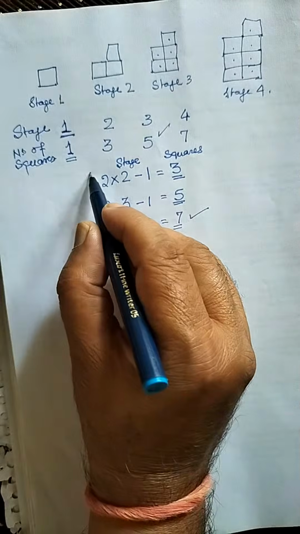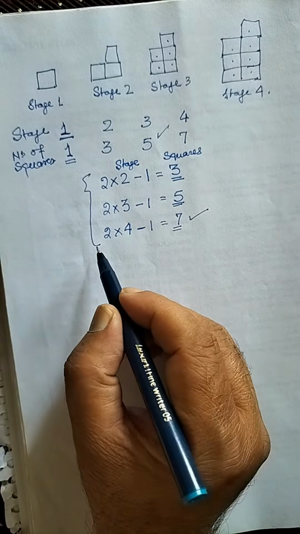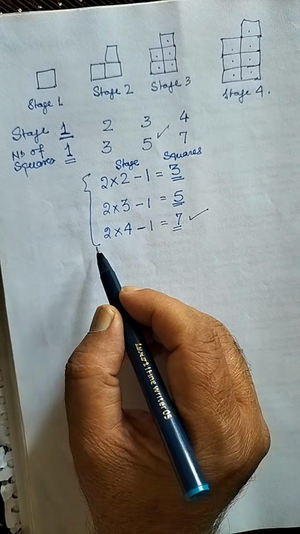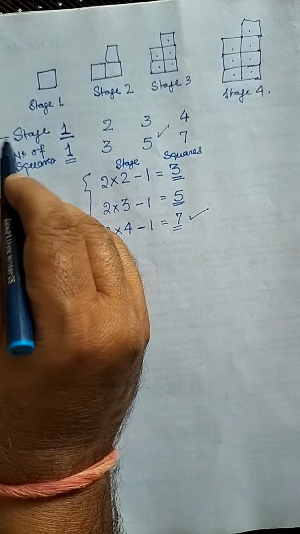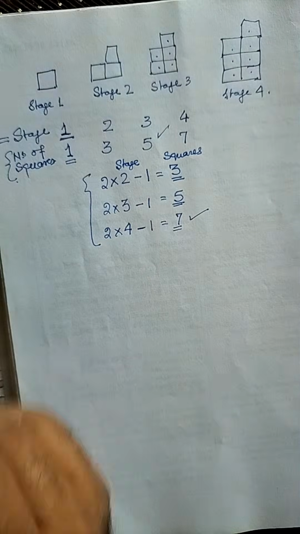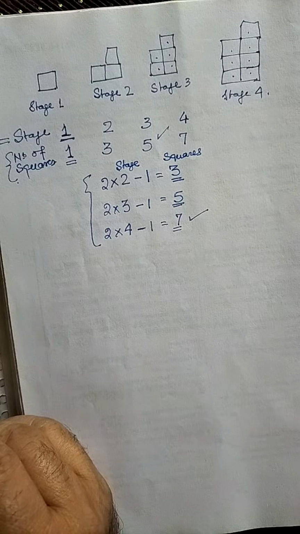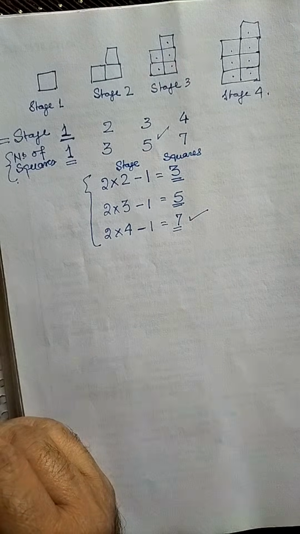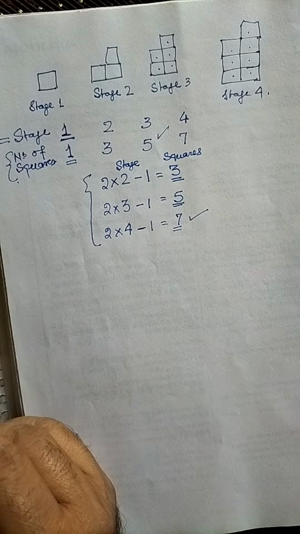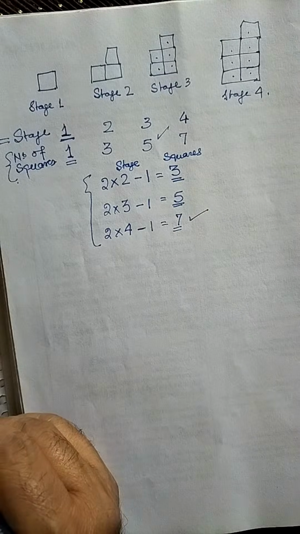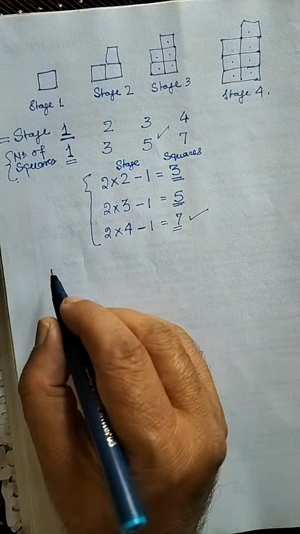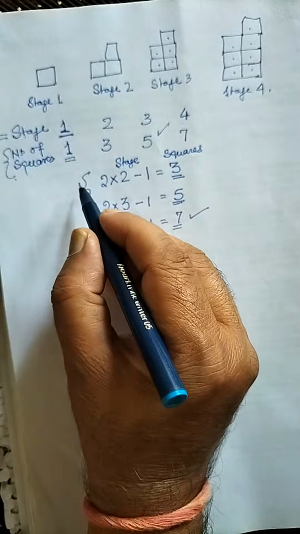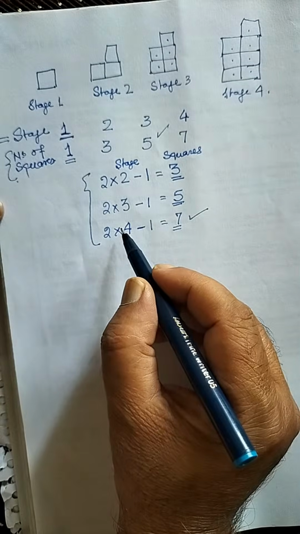This is purely observation. By observing, we have to develop a relationship between the stage and the number of squares. Quite challenging at the beginning, but once you practice a bit, you will be able to do it comfortably. So if I generalize this, this 2 is constant throughout, and only the stage number is varying.